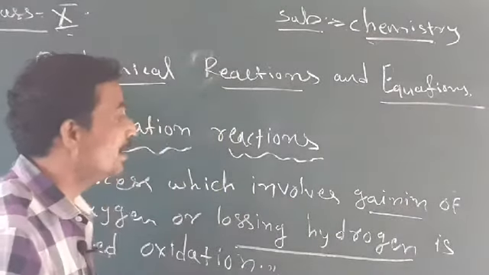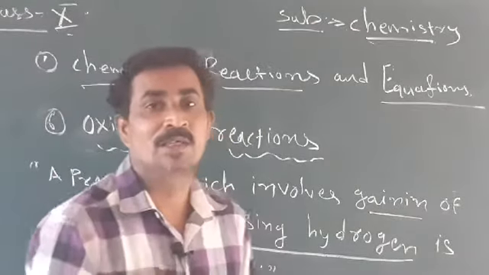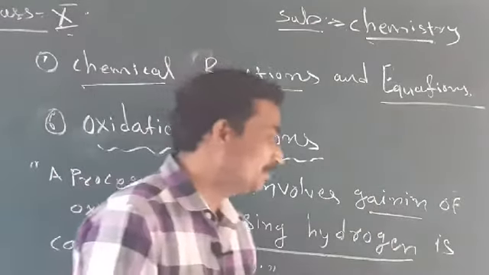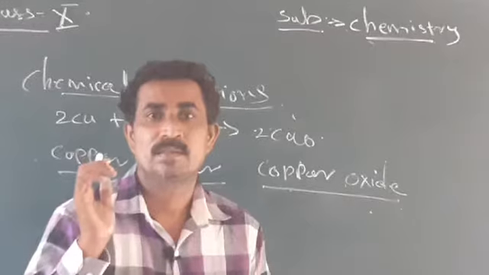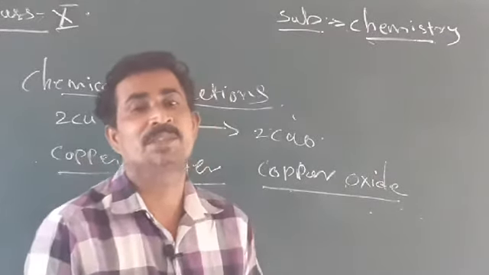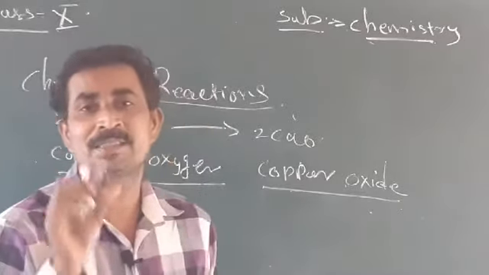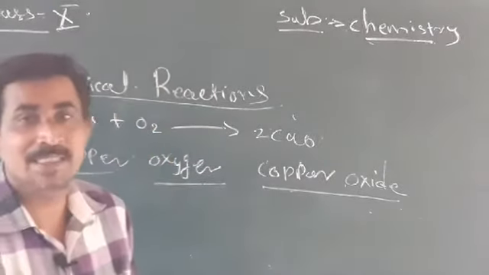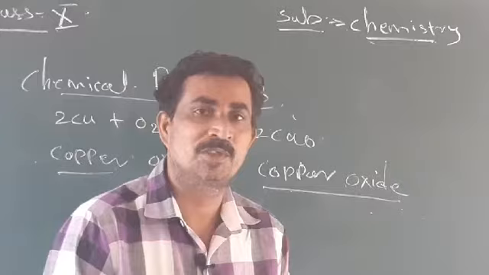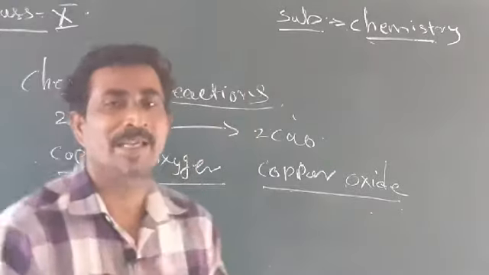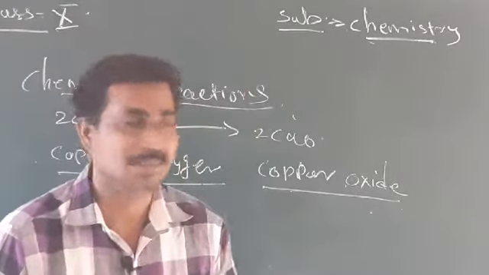So I will write the equation, you should see it. How do we write the chemical equation by the oxidation method? In the oxidation reaction, oxygen is added and hydrogen is removed, otherwise adding of oxygen is called an oxidation reaction.